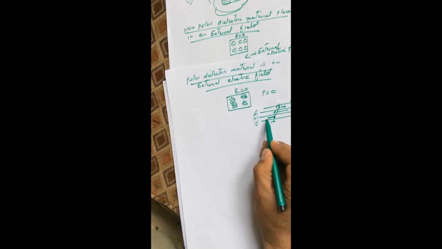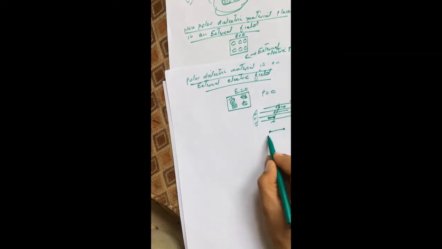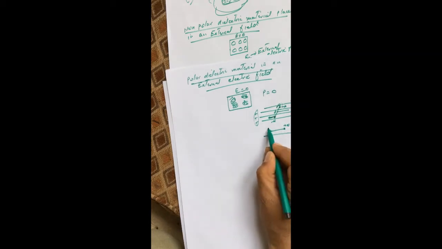There is a force on the positive charge in this way and a force on the negative charge in this way. So this is a couple. Due to this couple, a torque is produced, and that torque rotates this dipole in such a way that the dipole aligns itself in the direction of the electric field.